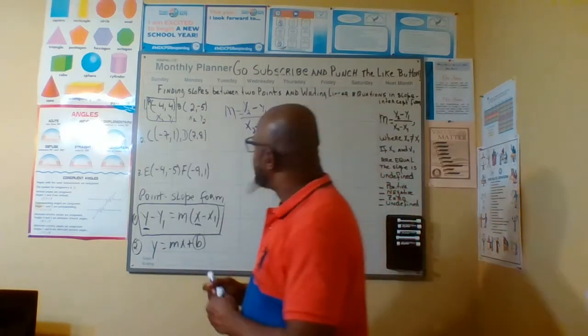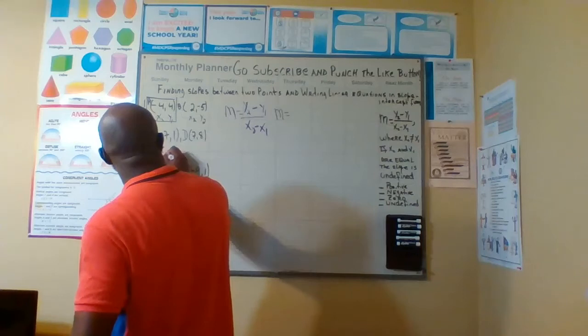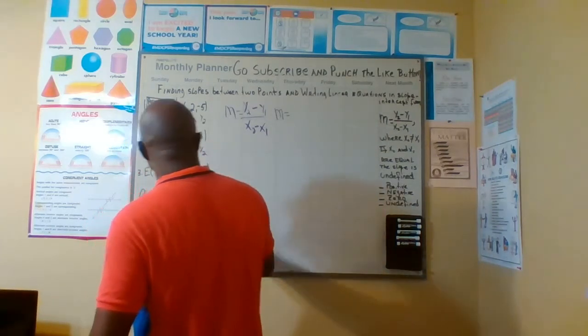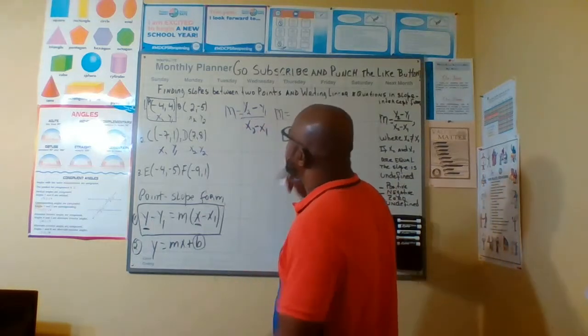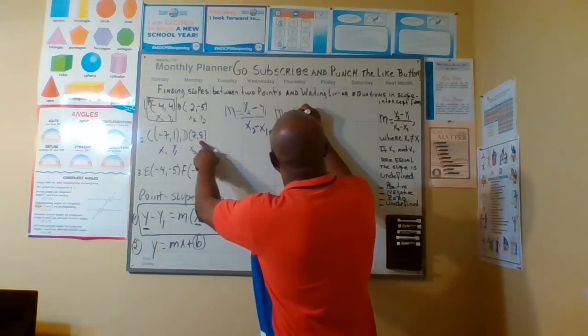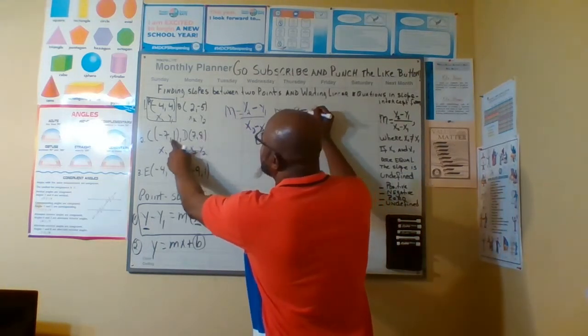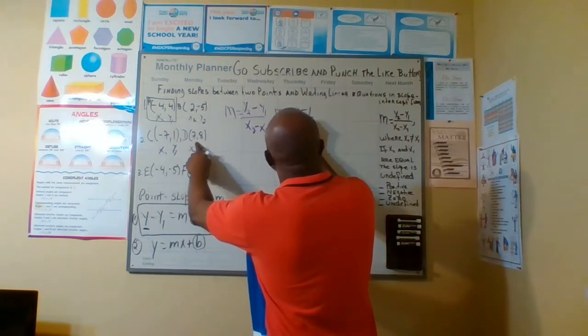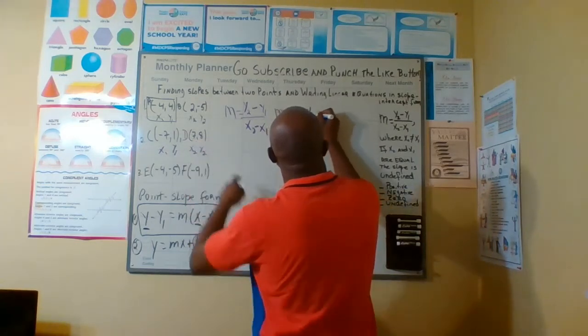So let's go to the second problem. This is x1, y1, x2, y2. As you see, I always label mine. So this is my y2, 8 minus 1 over 7 minus negative 7.